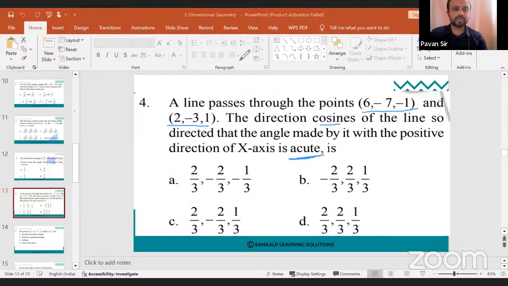Yes, Sharath has given B. Vedavati has given B. Let me try to solve this.